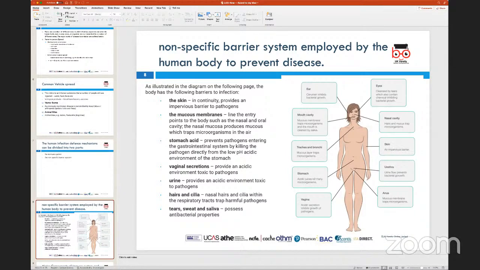Your body's physical or external barriers then prevent the pathogen from latching onto the host. These barriers primarily prevent pathogens from causing infection.